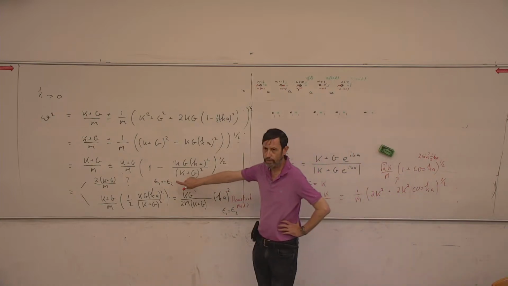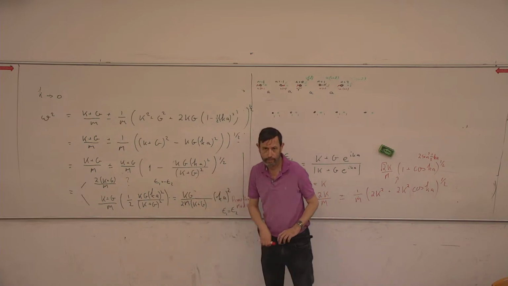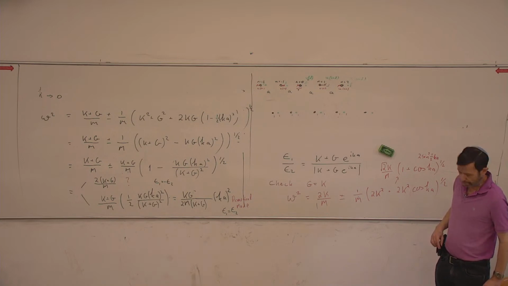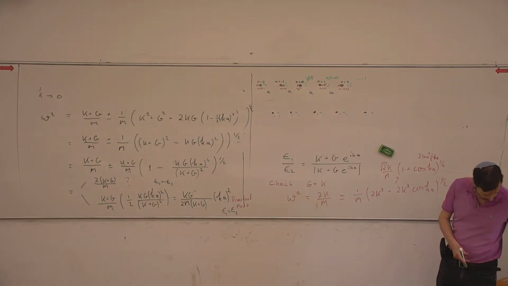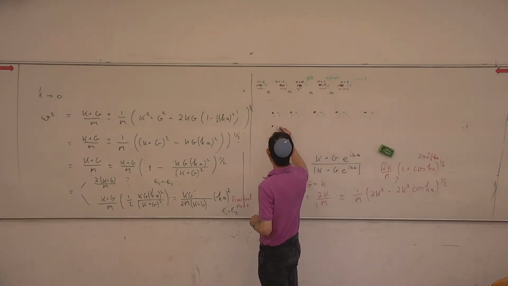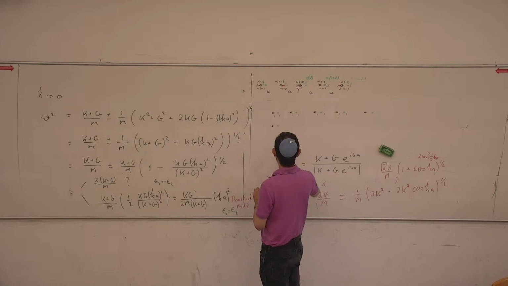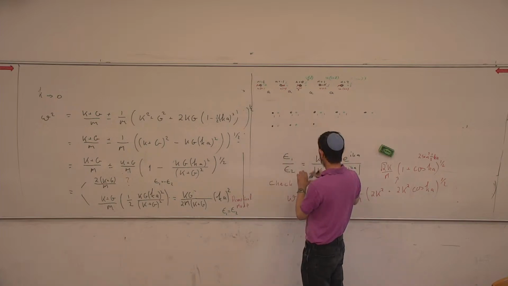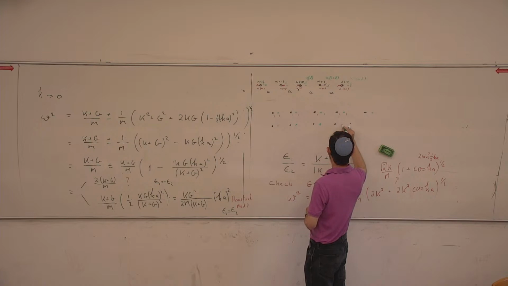What is this mode? This mode basically tells me that if I'm looking at the lattice, the black one's moving in one direction and the green one moving in the other direction? Exactly. Do we need to assume anything about the distance between them?